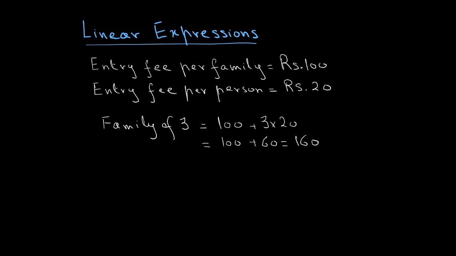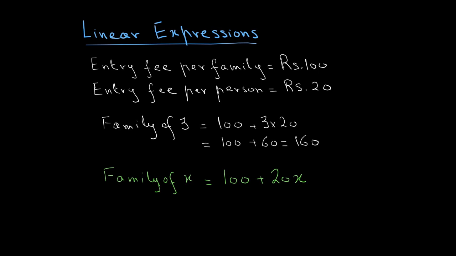Now, if the total number of people in the family is X, so let's think of a family of X, we have X number of family members. So the total cost is going to be 100 plus 20 into X, or 20X.